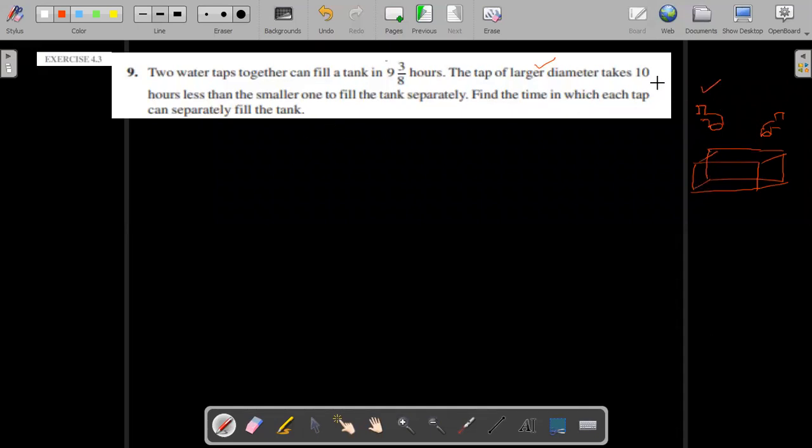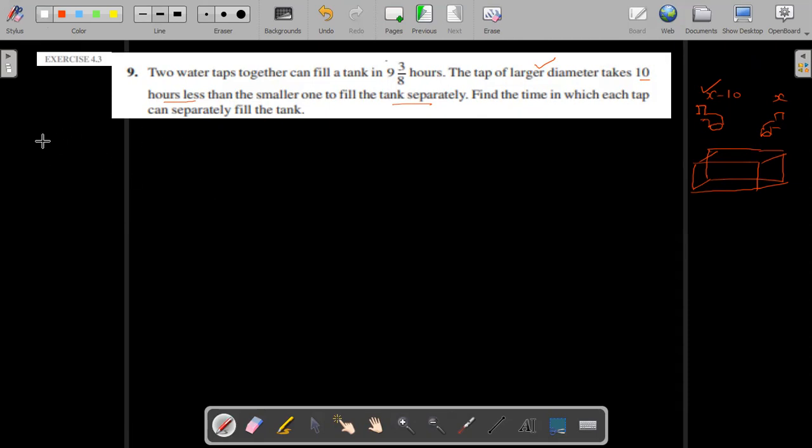So it is taking 10 hours less than the smaller one to fill the tank. Suppose the smaller takes x hours, the larger will take x minus 10. Or if it takes x hours, the other will take x plus 10. Both ways we can suppose. So if the smaller tap takes x hours to fill, then the larger tap, having larger diameter, will take x minus 10 hours to fill the tank.